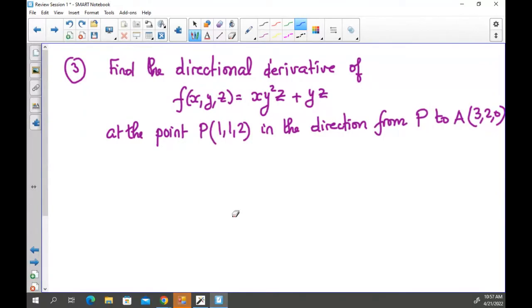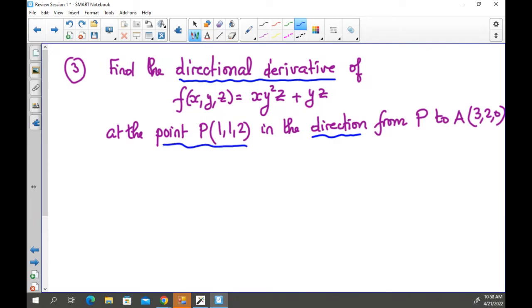Okay, another classical question in calculus 2, finding the directional derivative of a function in a certain direction at a certain point.